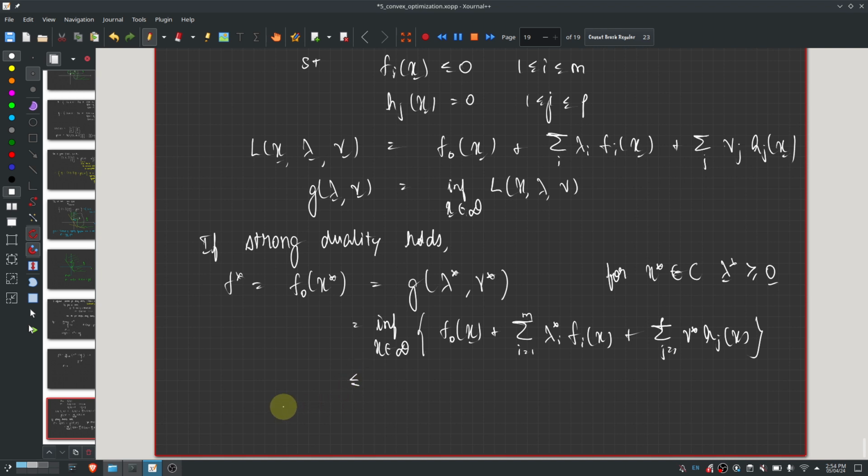But this is less than or equal to, now this infimum is taken over all possible x in the domain, right? So obviously if I minimize over a smaller set, then that quantity can only be larger than this. So this is less than or equal to the infimum over all x in the constraint set of this particular object.